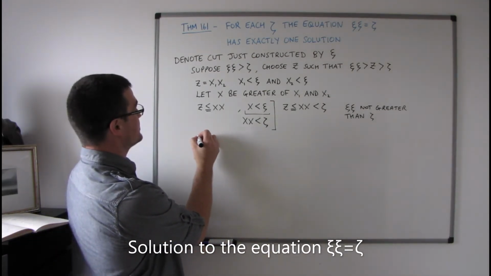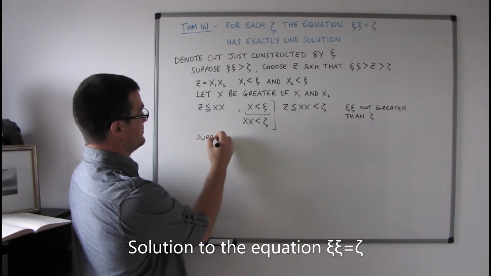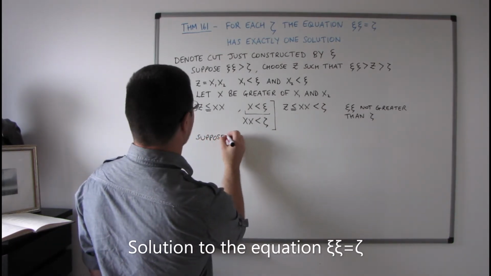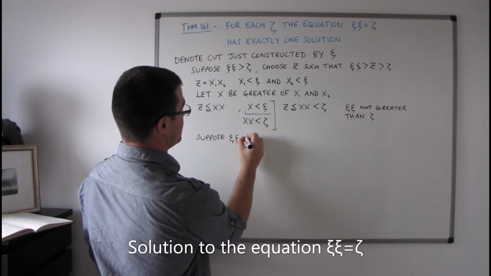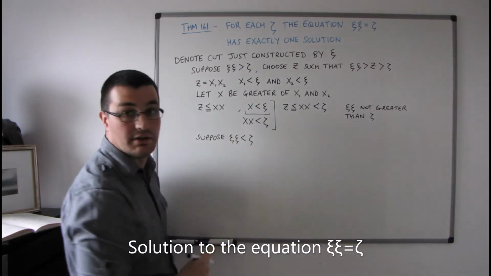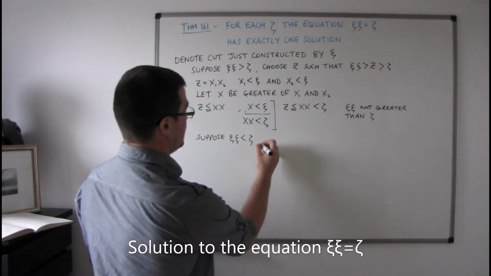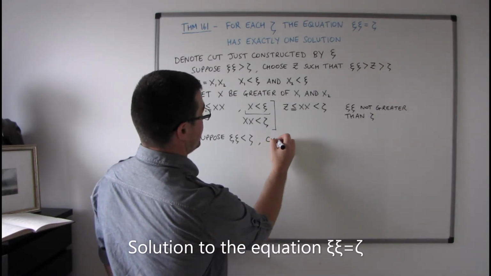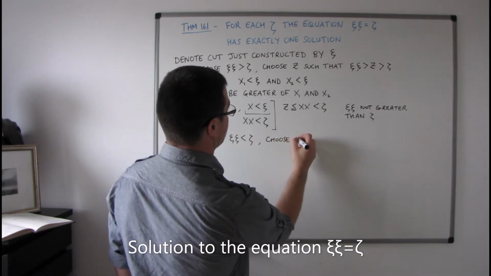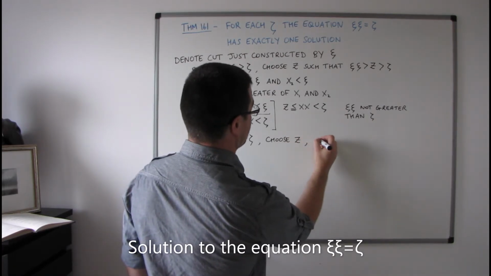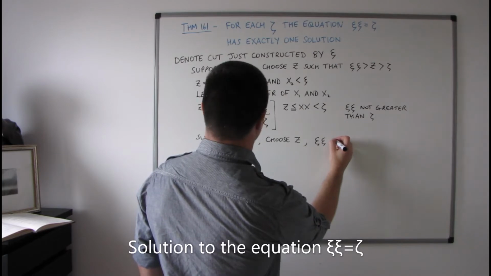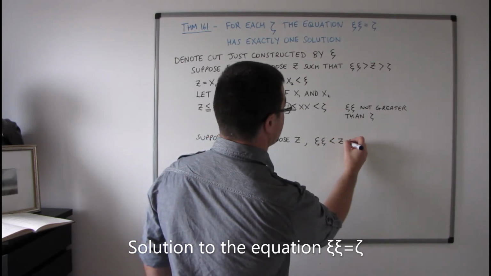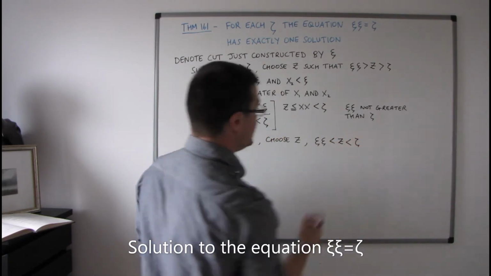So suppose xi times xi is less than zeta. So choose z such that xi times xi is less than z is less than zeta.